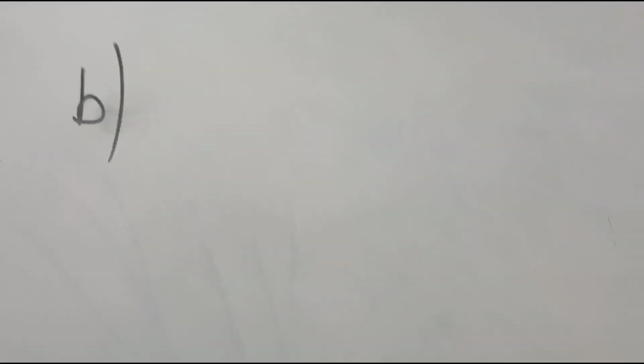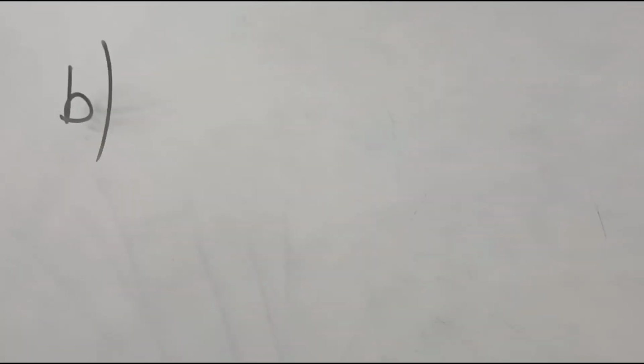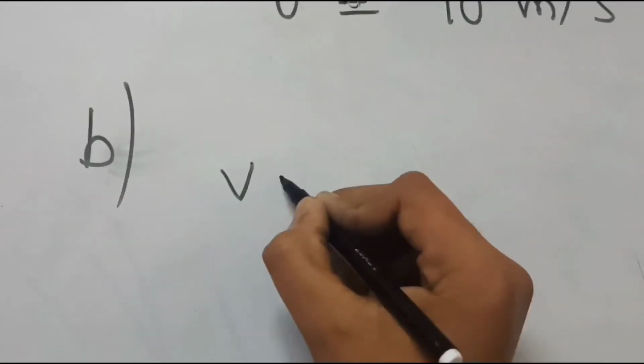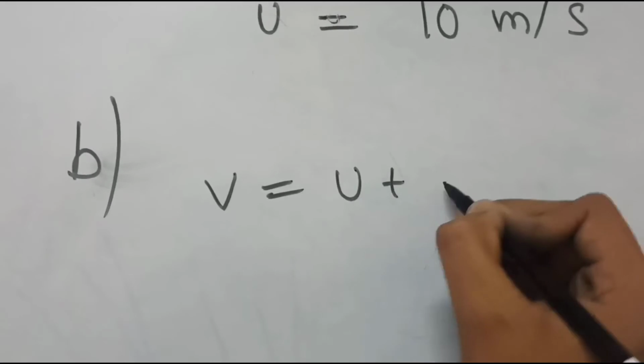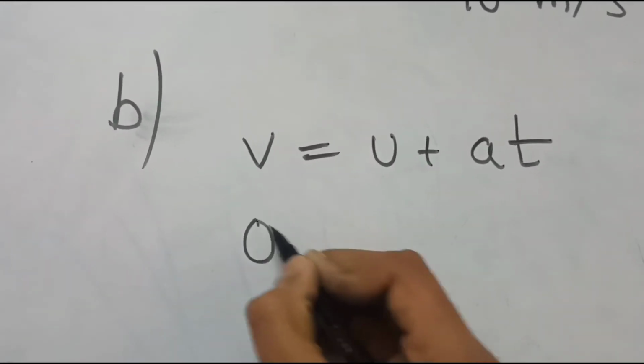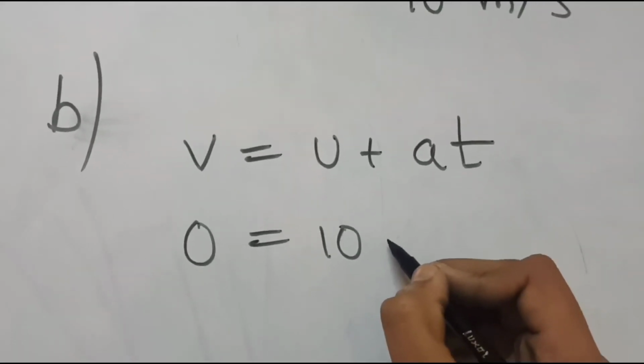Now the B part of this question is how much time is taken to reach that highest point. So how much time did it take to reach the highest point? So we are going to use the equation v is equal to u plus at. V is equal to 0.